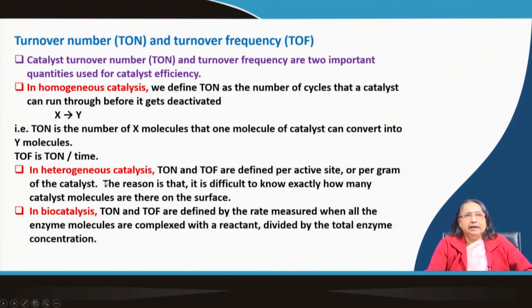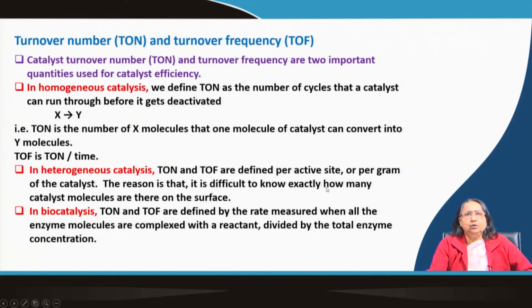Okay. Now, in heterogeneous catalysis, TON and TOF are defined per active site, because it is a solid, so active sites will be there, or per gram of the catalyst. So, that means how many molecules it is converting per gram of catalyst.